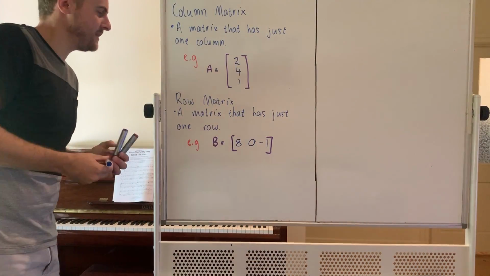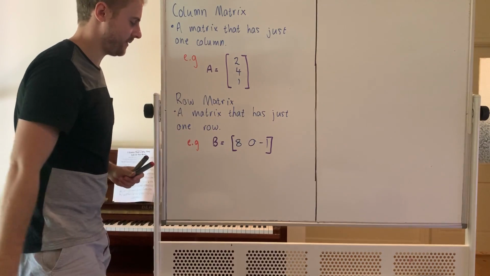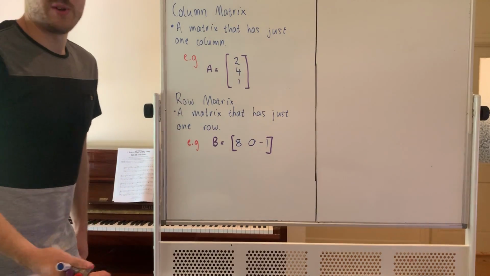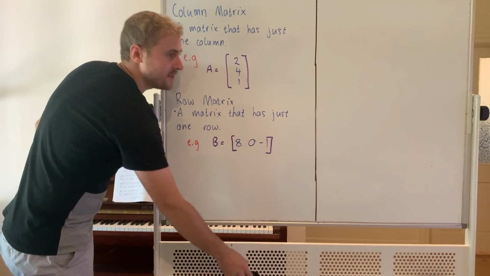Each of these contain 3 elements. We have a 3 by 1 and a 1 by 3. So those are the most basic matrices that we're going to be studying.